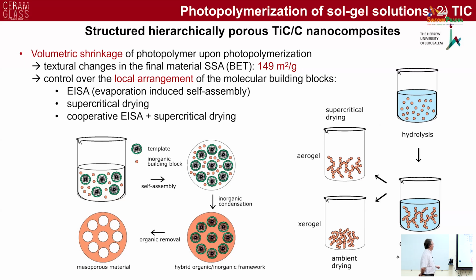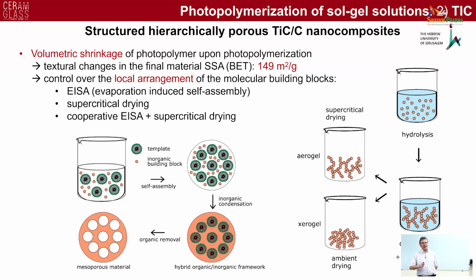Another possibility for introducing meso and micropores is to do supercritical drying. I don't know if you're familiar with aerogels. Aerogels are components that are obtained by evaporating the liquids inside a gel obtained from sol gel chemistry, but using supercritical drying.